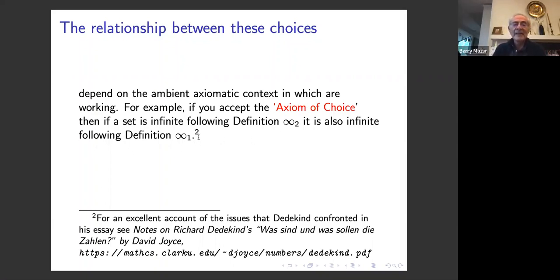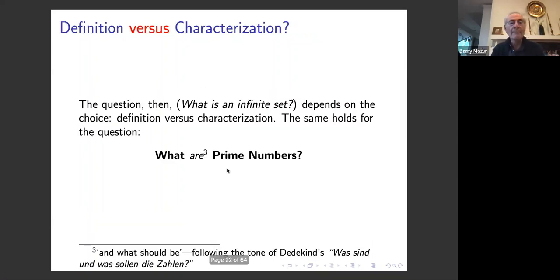And here, again, as I mentioned, if you want a really excellent account of these issues, you can go to the notes and find the link to this marvelous essay.